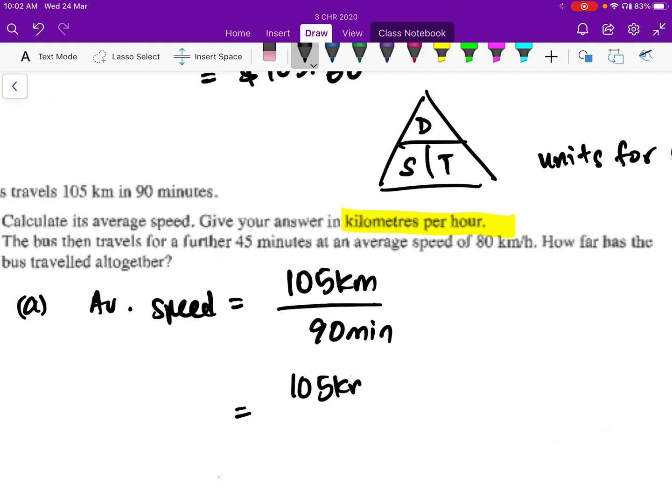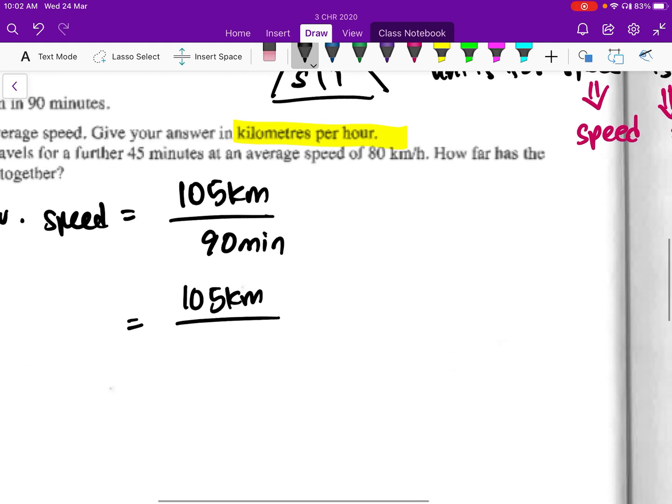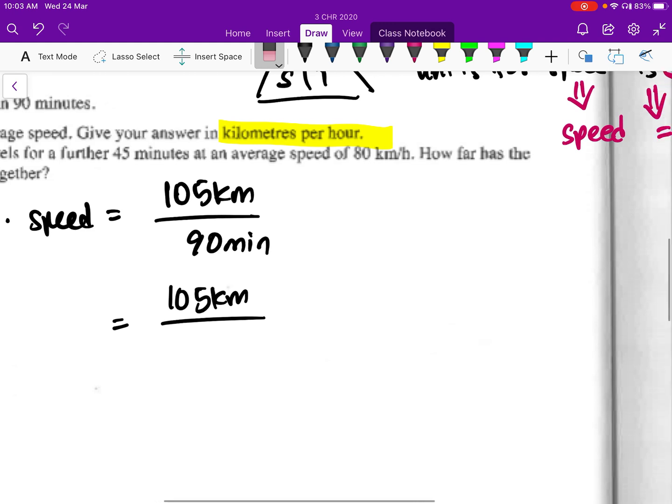What is 90 minutes in hours? 1 hour 30 minutes. Do I write 1 hour 30 minutes here? What should I write? 1.5. 1.5 also can. 3/2 also can. But the question is, how do you know that it is 1.5?